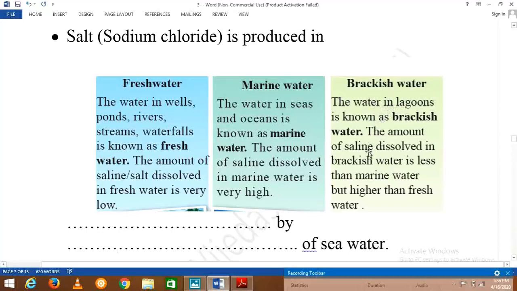The amount of saline dissolved in brackish water is less than marine water but higher than fresh water. So the salinity of brackish water is in between fresh water and marine water.